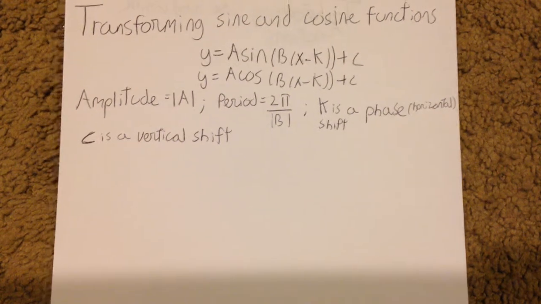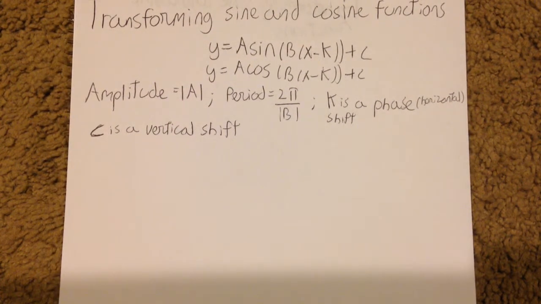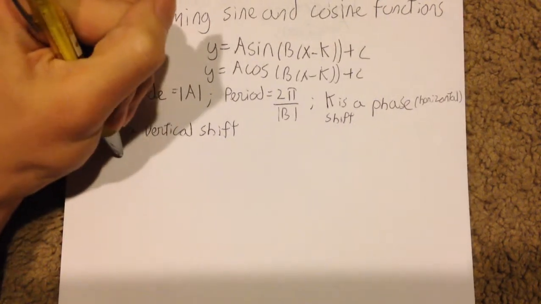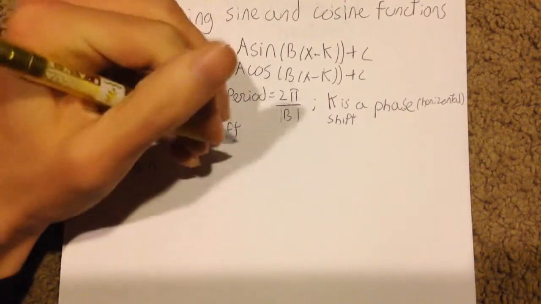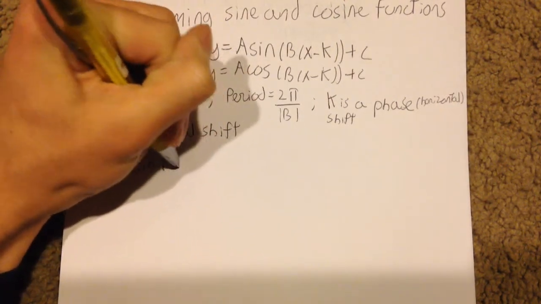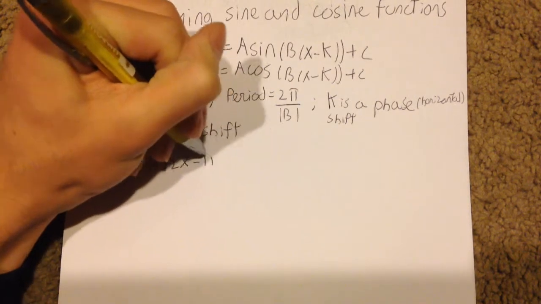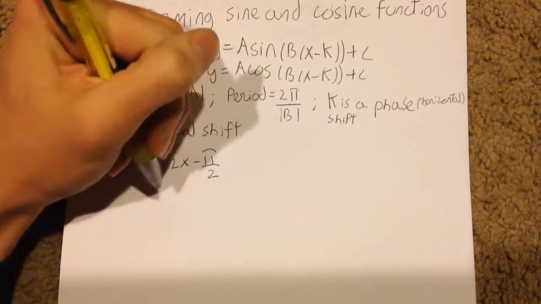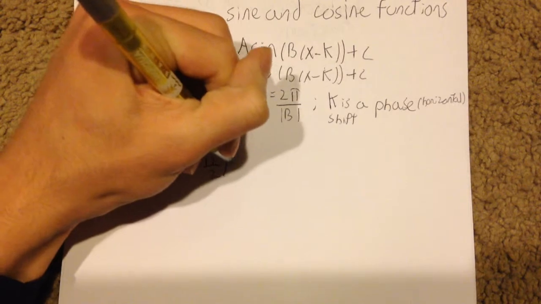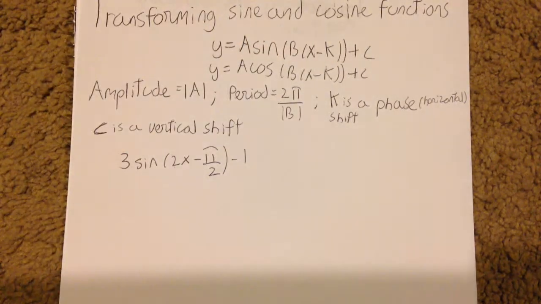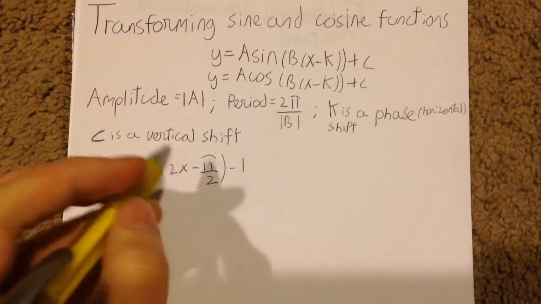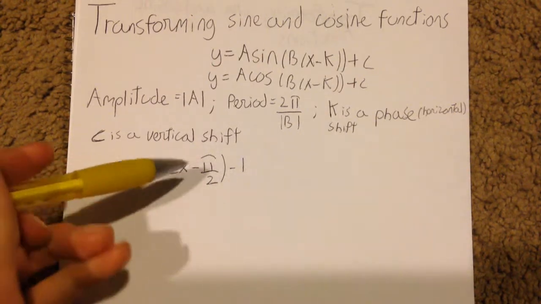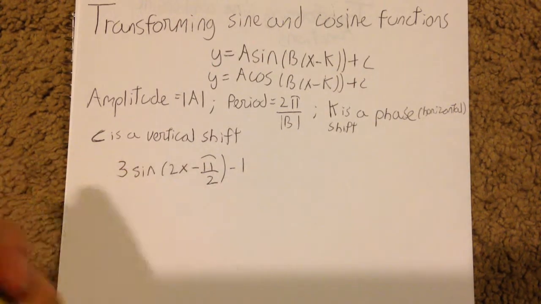So we're going to start off with the function 3 sine (2x minus pi over 2) minus 1. When I'm graphing this function, the first thing I like to look at is the horizontal and the vertical shifts.